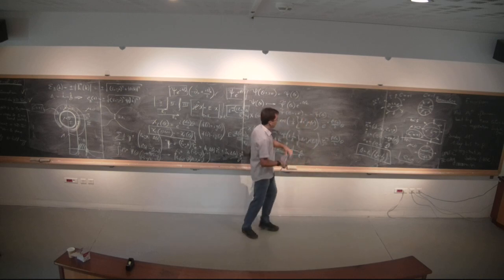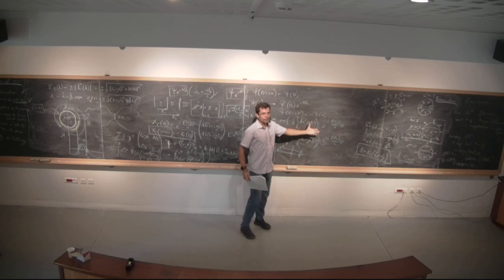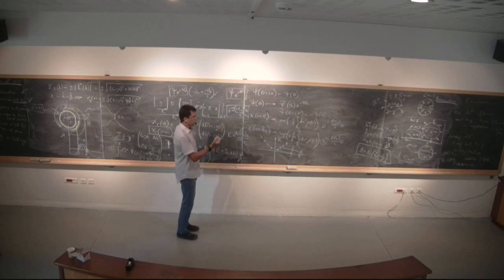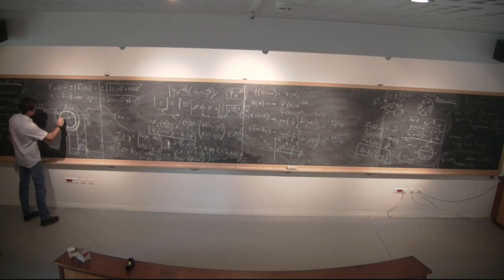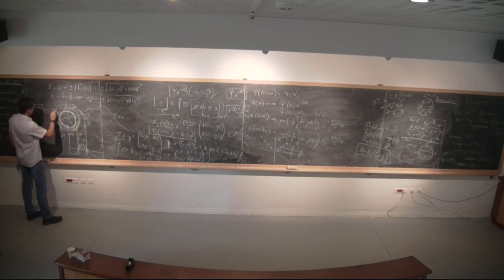So if you imagine what happens when you increase theta from 0 to pi, in one case the phase of my solution increases together with theta, the other one goes in the opposite direction. Therefore, one of these modes goes counterclockwise like this, and the other goes clockwise in this direction. So you end up with two chiral modes that only move in one direction.